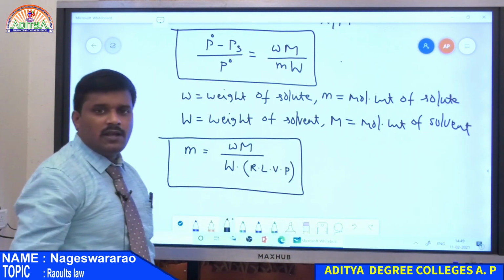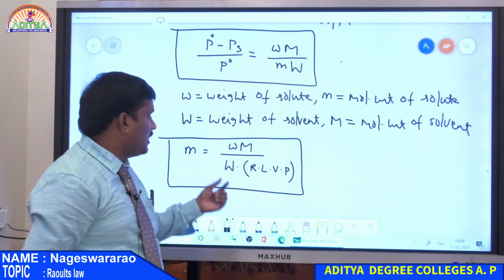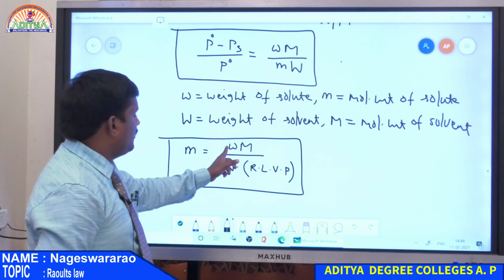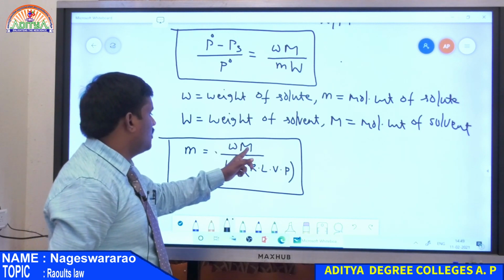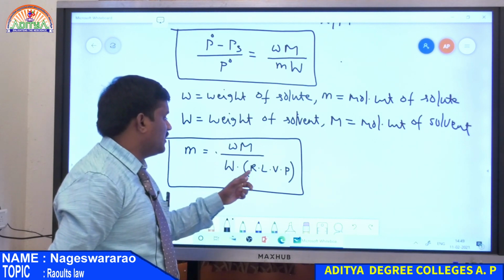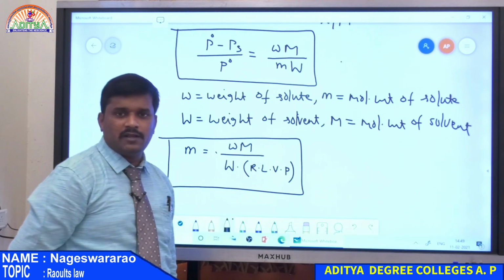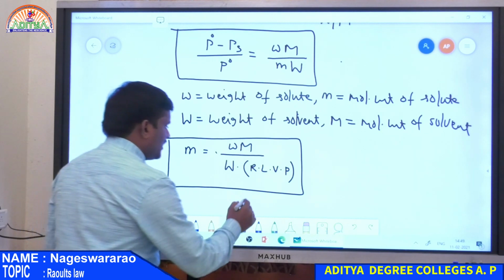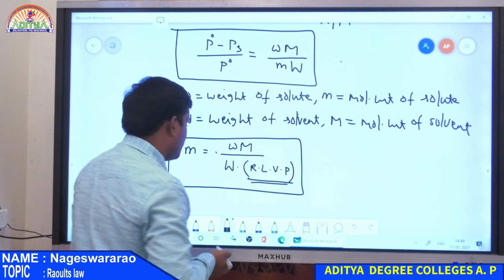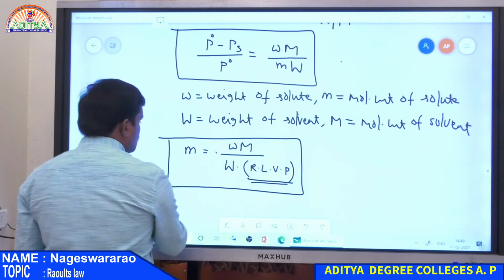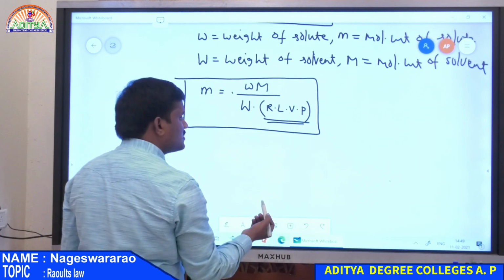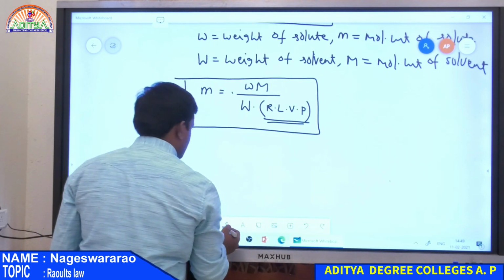Therefore, according to relative lowering of vapor pressure, the molecular weight of a solute is given by weight of solute into molecular weight of solvent divided by weight of solvent into RLVP. So, this is a colligative property and this is directly proportional to number of moles, but here molecular weight of solute is always inversely proportional to RLVP, that is relative lowering of vapor pressure.